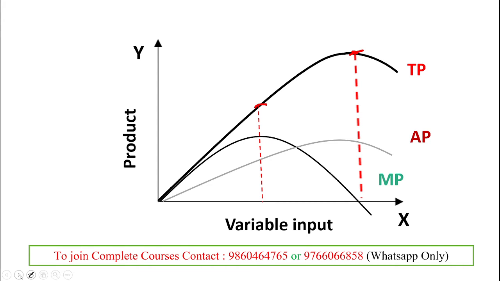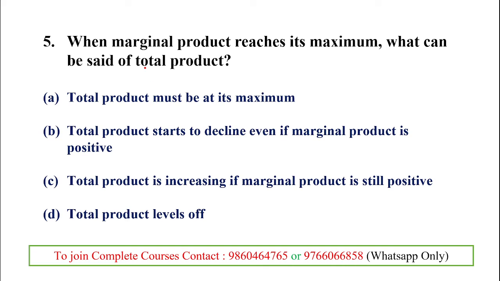Okay, and the next question: MP reaches its maximum. What happens to the TP curve? Is the TP also at maximum, or is it declining, or is the TP increasing as long as MP is still positive, or does the total product level off?